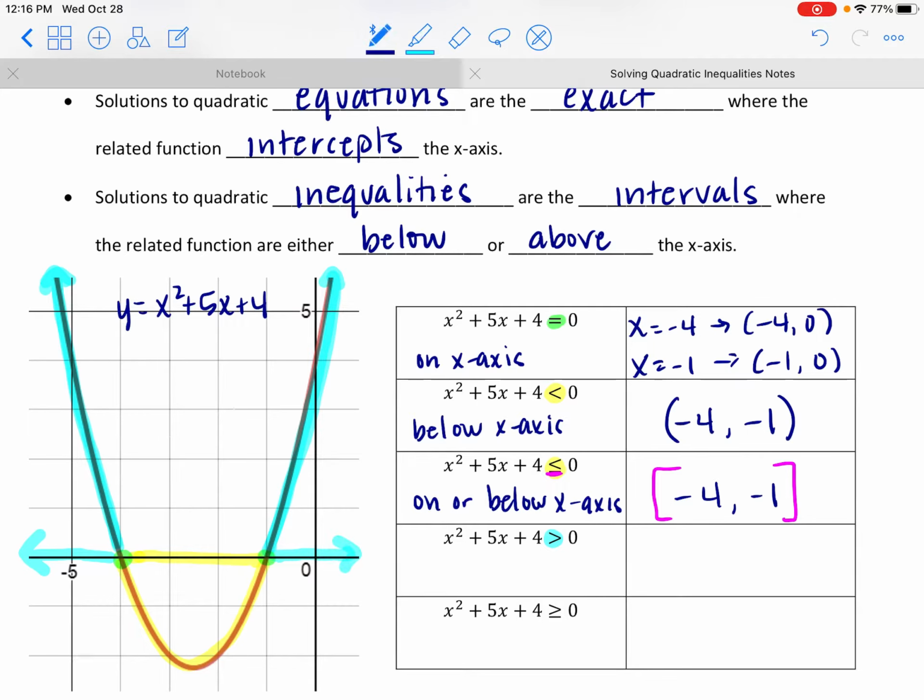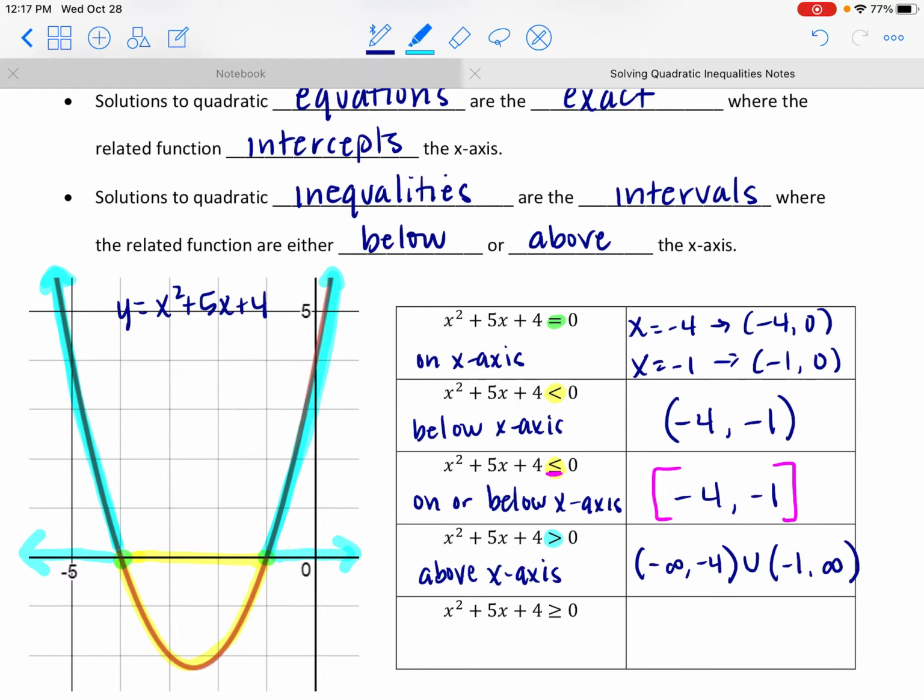So this is saying, where is our graph above the x-axis? And it is above the x-axis over two intervals. The first interval is from -infinity up to -4, not including the -4 because we're strictly above, not on. And then from -1 to infinity, everything after -1, again, not including the -1.